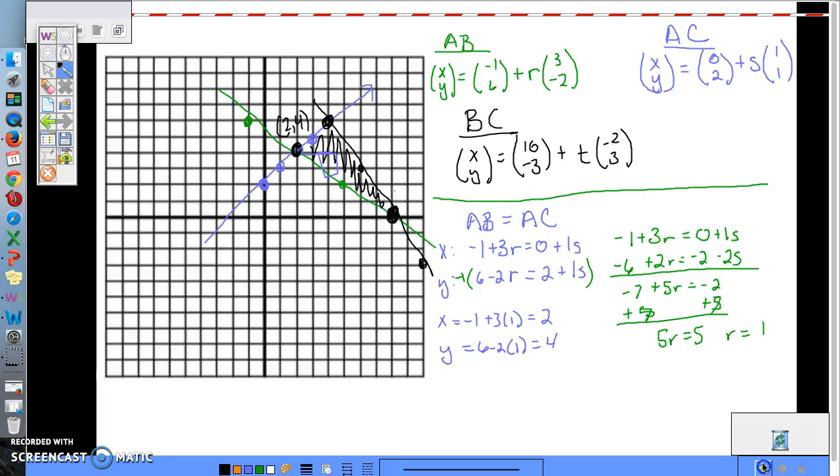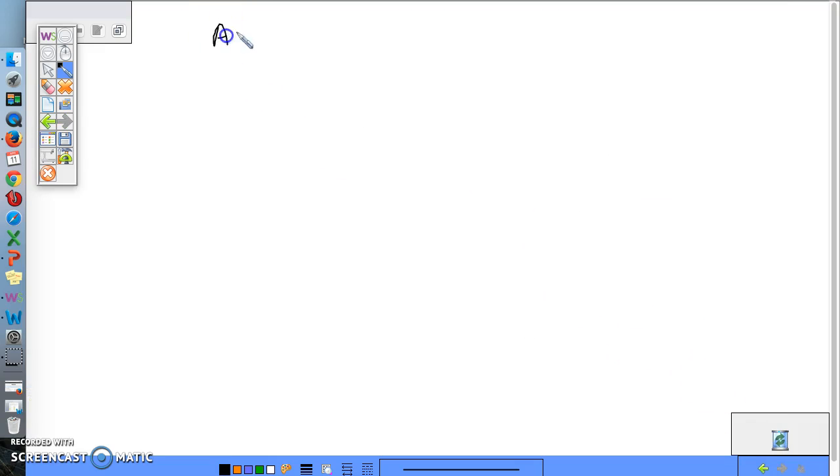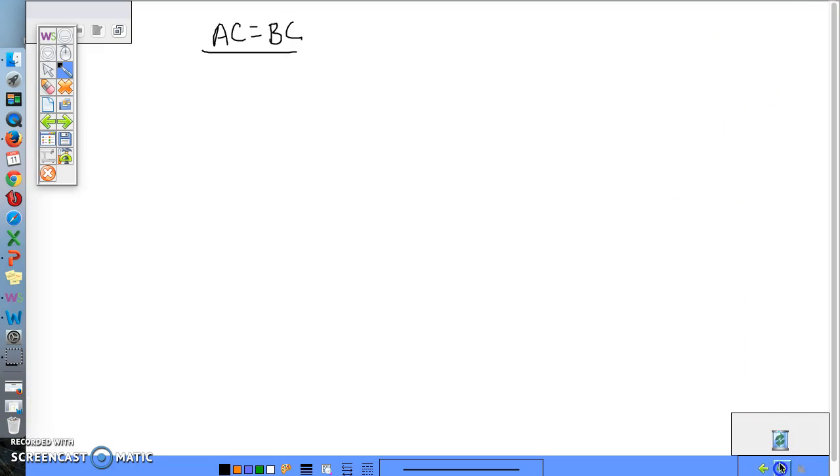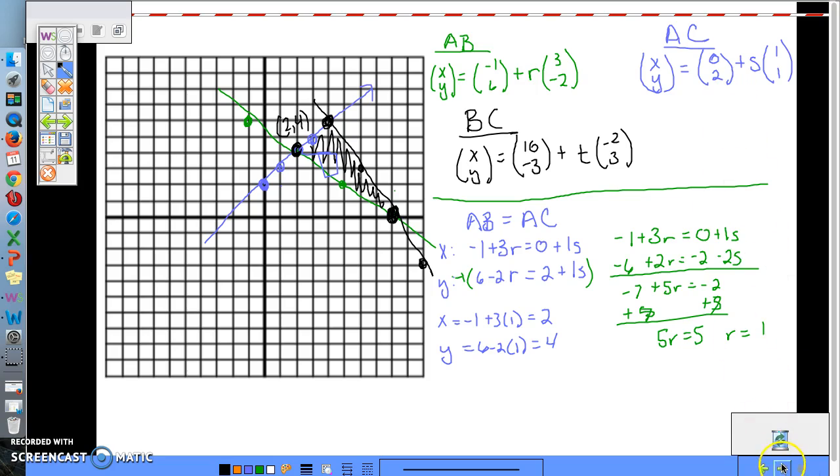So let's check out another line. Let's say we need to find where our AC equals our BC. For AC, our x value is 0 plus 1s, and our y is 2 plus 1s.